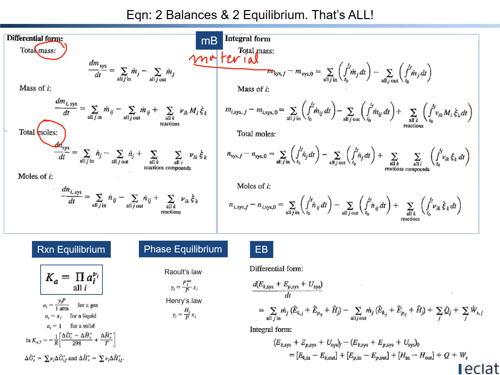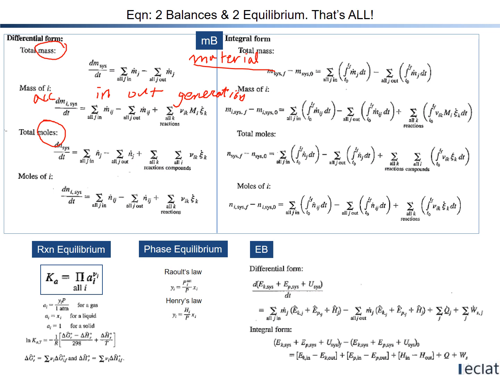It looks like a lot of equations, but it's very simple. In minus out plus generation is accumulation. So it's very based on common sense. Everything is like that. In minus out plus generation is accumulation.